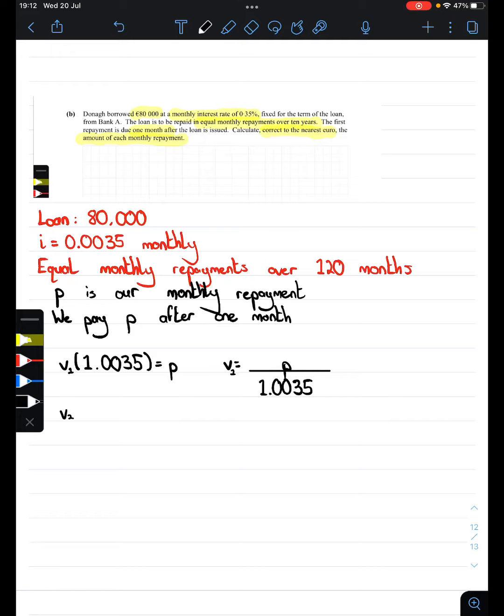Because it's gone over 2 months, V2 is P over 1.0035 squared. That's what it's worth to them.